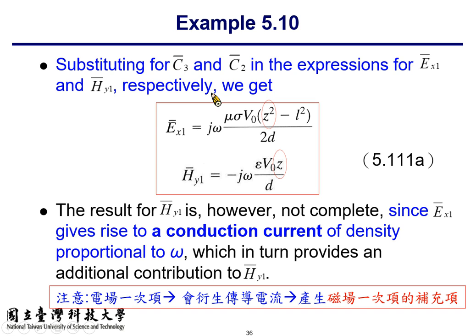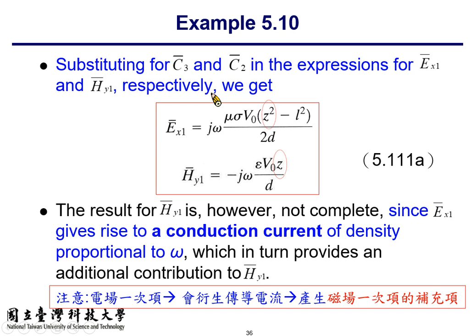So what we're going to do now is to find the complementary first order magnetic field term due to the presence of conductivity sigma and the Ex1 term. So the answer here is not complete. This is not the complete Hy1 term. The Hy1 term will also be produced by the Ex1 term.